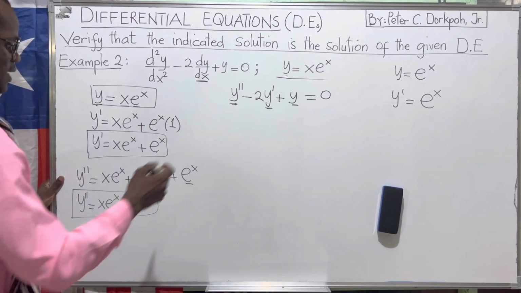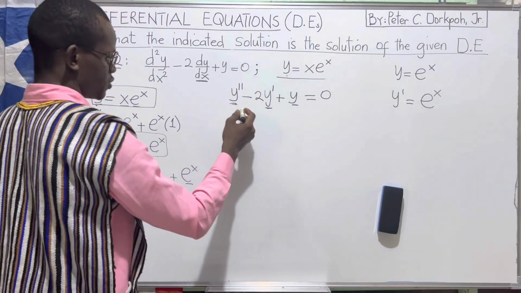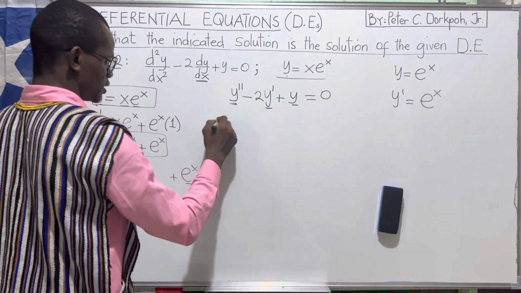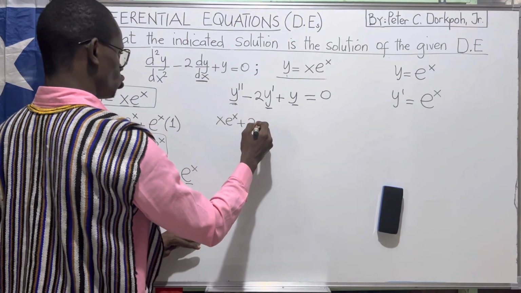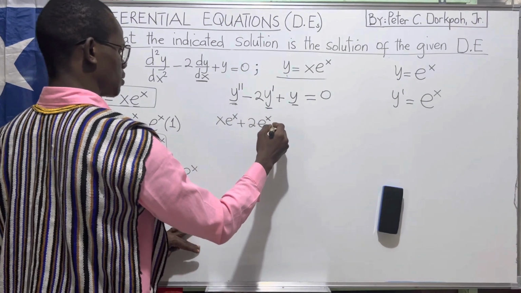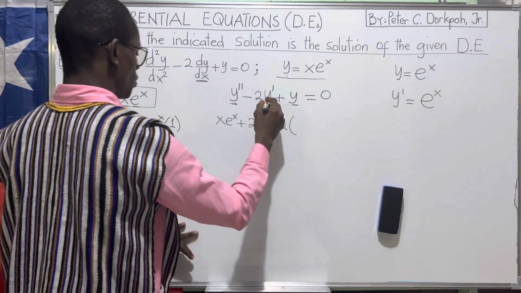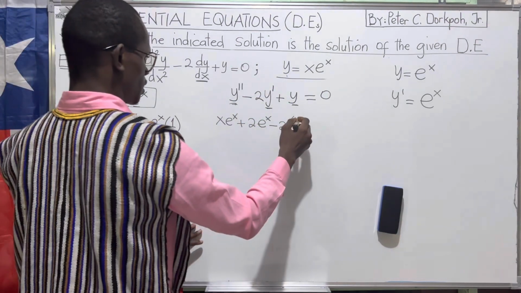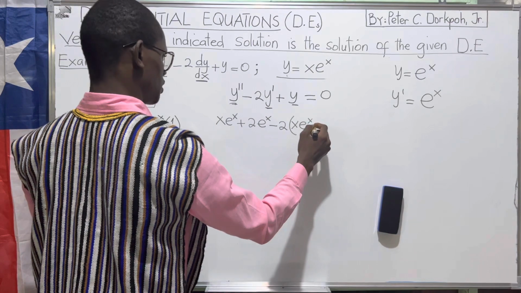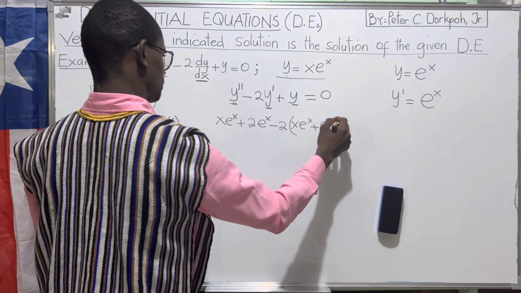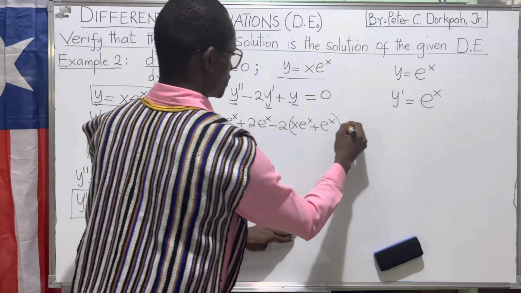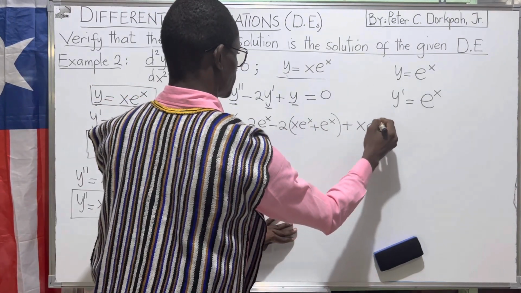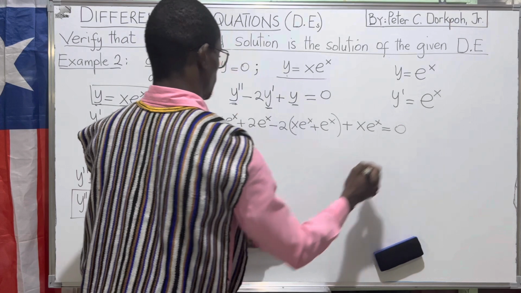We can now replace each of them within the differential equation. The first one is x e raised to the power x plus 2 e raised to the power x, minus 2 times y prime, which is x e raised to the power x plus e raised to the power x, plus y, which is x e raised to the power x, all equals 0.